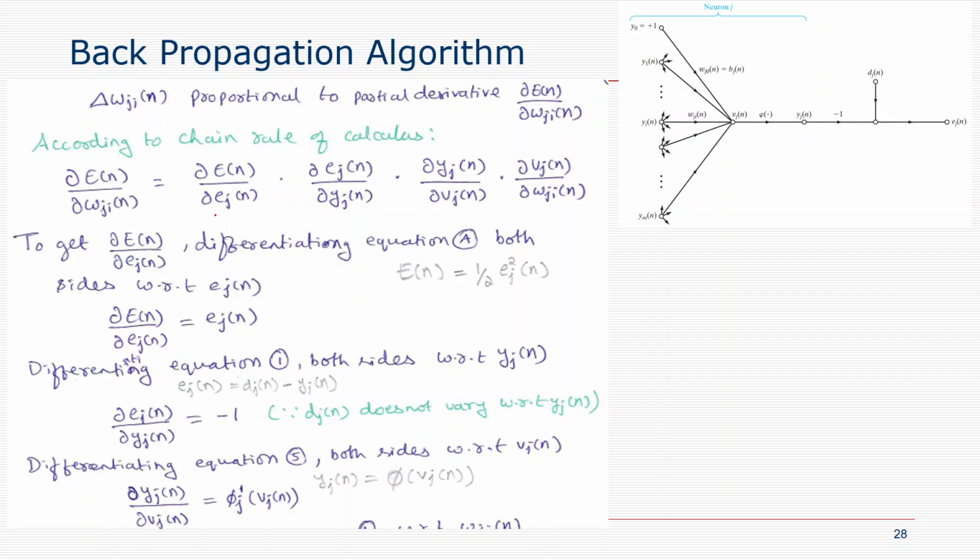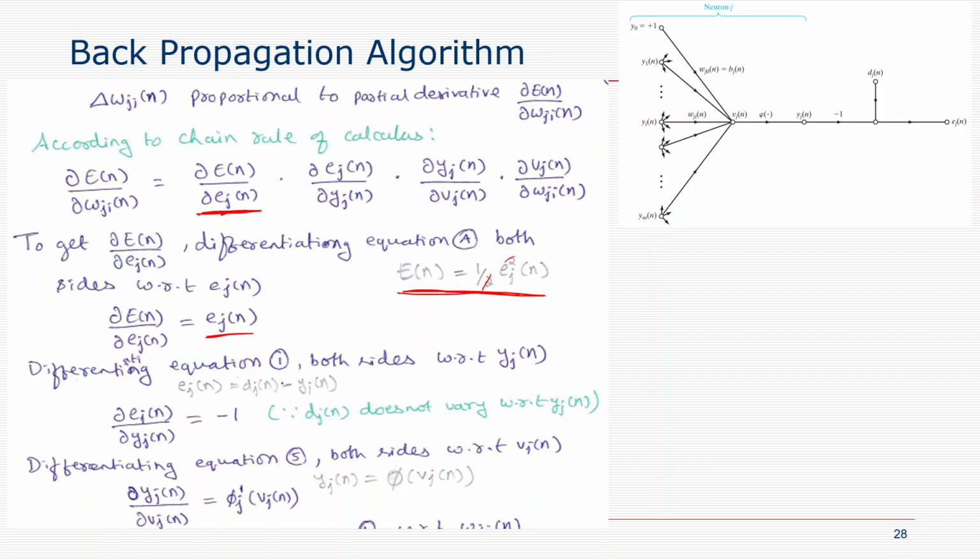Now, taking the first term in this expression, dou e of n by dou ej of n is equal to ej of n, because from the equation, e of n equal to 1 by 2 ej squared of n. When we differentiate, this 2 will get cancelled. Therefore, for this differentiation, the term remains as ej of n.